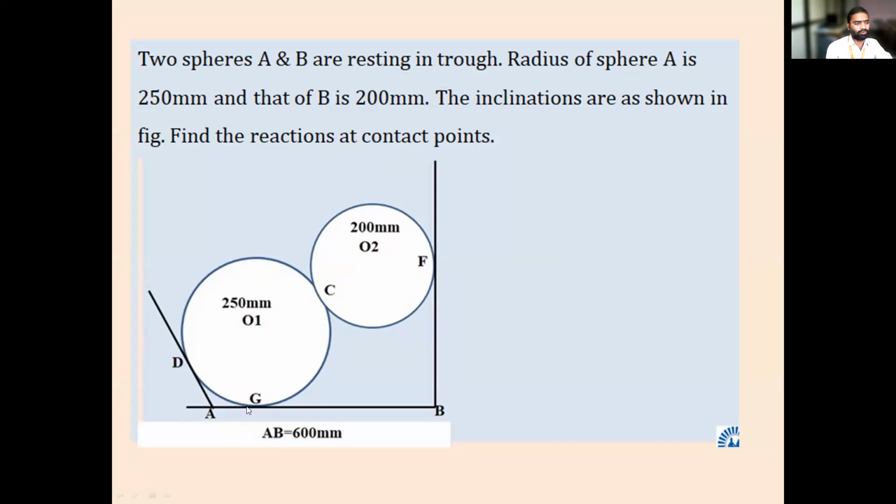From there you first have to find AG. After finding AG, you draw a perpendicular from O1. For O1A, the total AB is given as 600. 600 minus O2F minus AG gives you points M and N at O1. You have to find that point. Then you will know O1, O2, the radius of the first one and the radius of the second one. Then you have to find theta. Correct?